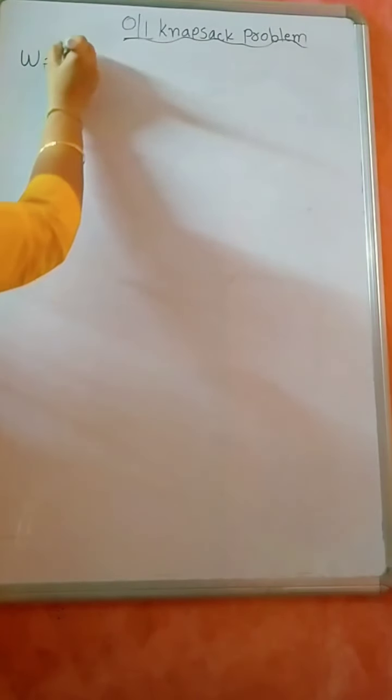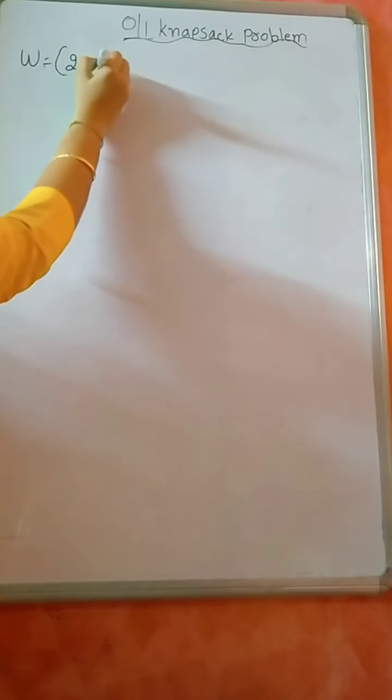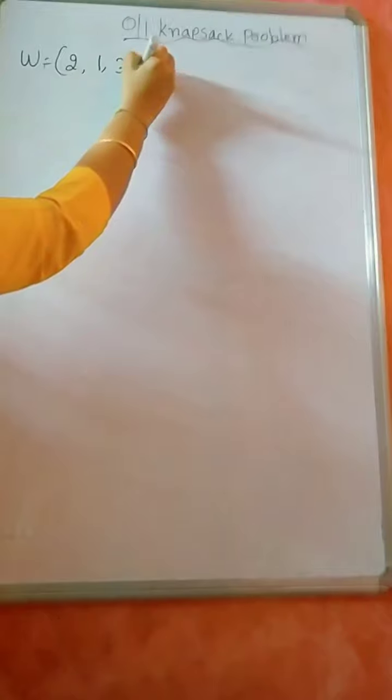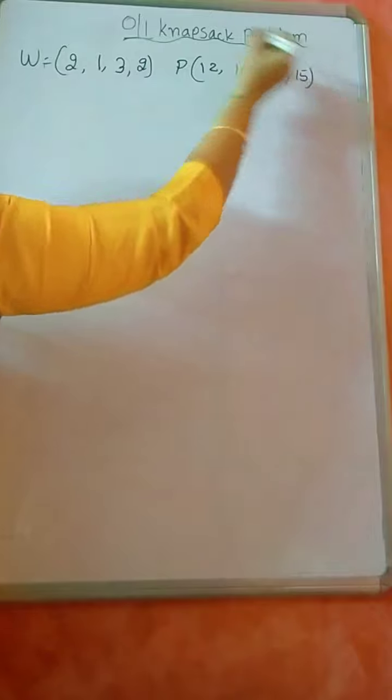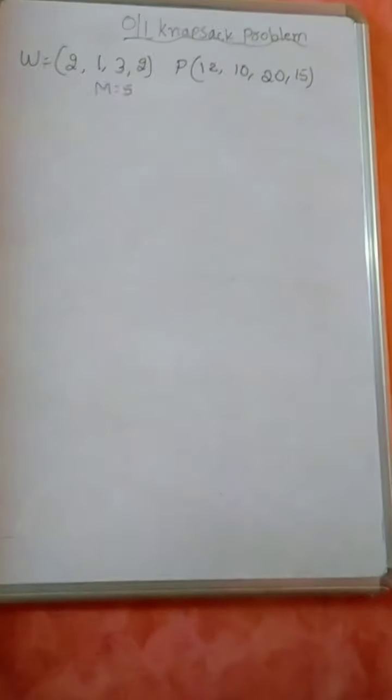Now consider an example where the weights are 2, 1, 3, 2 and the profits are 12, 10, 20, 50. And the capacity of my knapsack is 5. Capacity is 5. How many objects? 4 objects. So in order to solve this one, I need to consider a table.